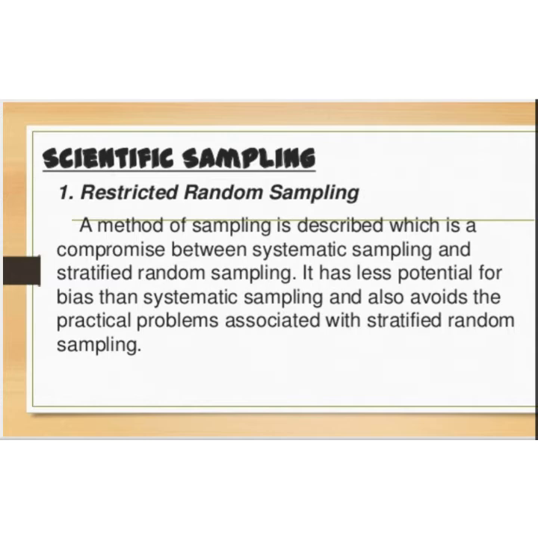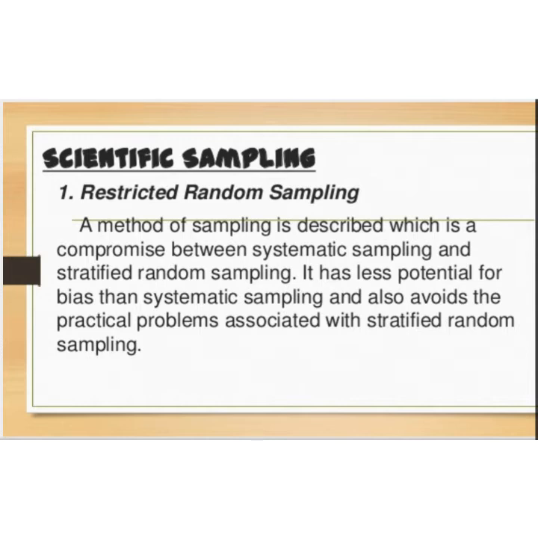It has less potential for bias than systematic sampling and also avoids the practical problems associated with stratified random sampling. This restricted random sampling is of mainly three types: stratified sampling, systematic sampling and cluster sampling.